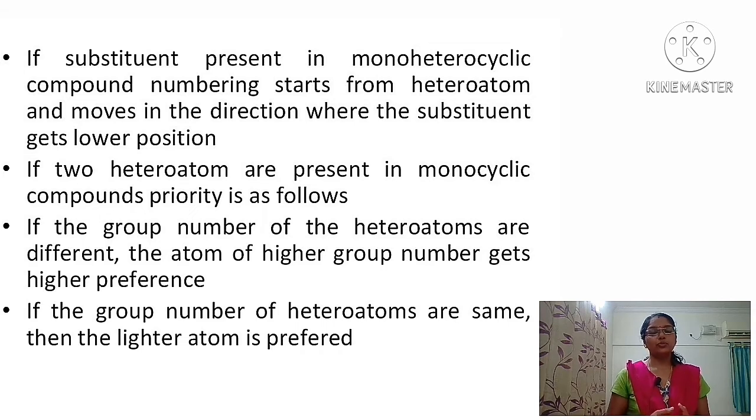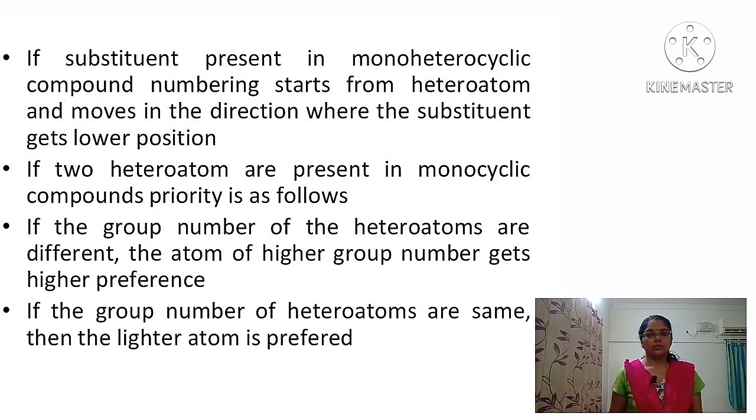So if there are two heteroatoms, for example, if one is oxygen and the other is nitrogen, first we have to consider their group number. Oxygen belongs to the 16th group and nitrogen belongs to the 15th group. So the atom having the highest group number is given preference. That is, oxygen will get the lowest number, followed by the nitrogen.